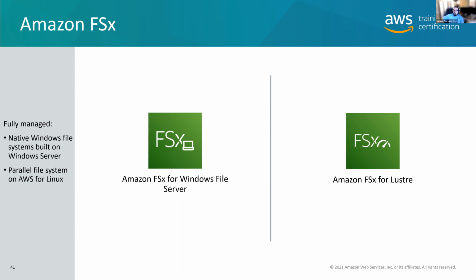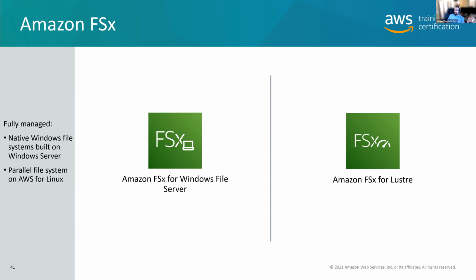Now be prepared. There's actually 4 flavors of FSX. There's FSX for Windows. There's FSX for Lustre, which is not just for Windows. That's a high performance computing file system. And then there's FSX for ONTAP, which is NetApp's proprietary file system.